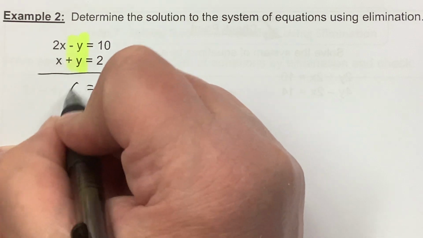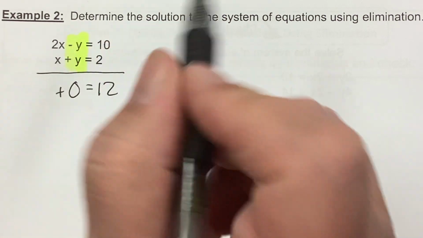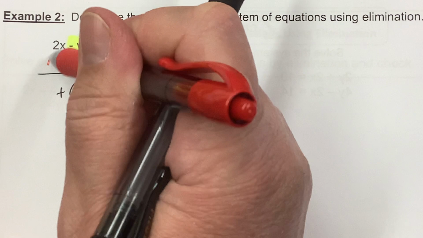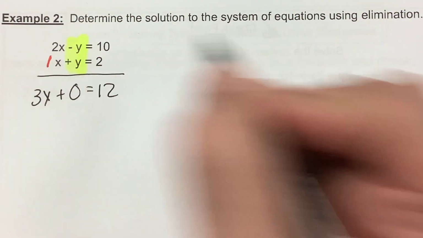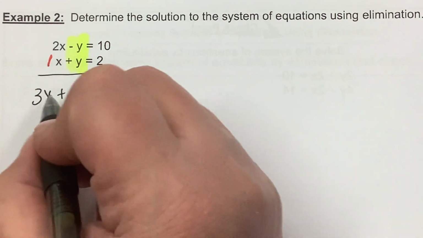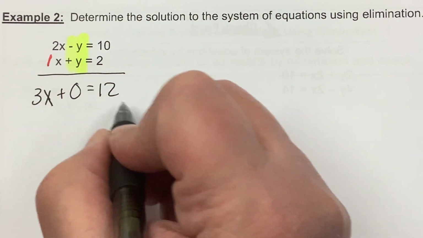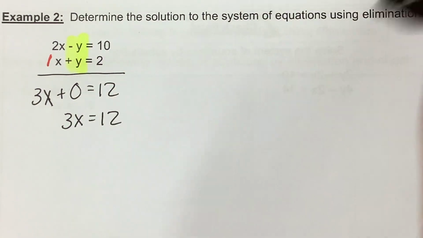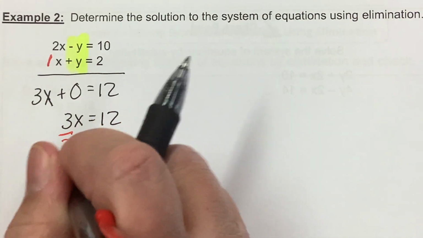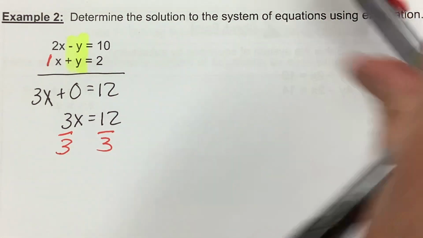Negative y and positive y is 0. 2x, I should have a 1 here. 2x plus 1x is 3x. 3x plus 0, that looks like a y, be careful. 3x plus 0 is 3x, equals 12. Divide both sides by 3, and x equals 4.